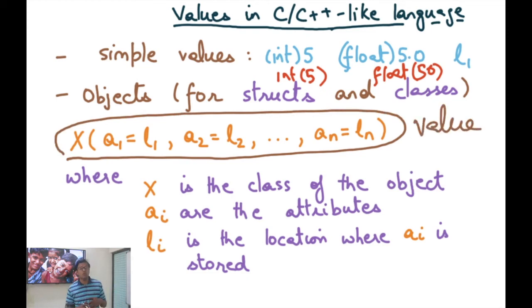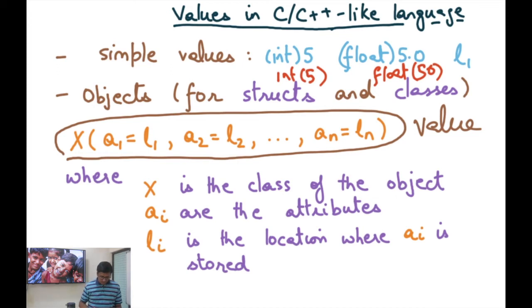Once again, I haven't really said what is the representation of the value. Is it going to be contiguous? Are the attributes going to be contiguously laid out? Recall that when we were talking about code generation for objects, we had different ways of how we could lay out the attributes so that it becomes easier for us to implement code generation. But at this level of abstraction, we are really not talking about how the attributes are laid out. We really don't care. It's left abstract, so that different implementations are free to choose whatever layout they like.